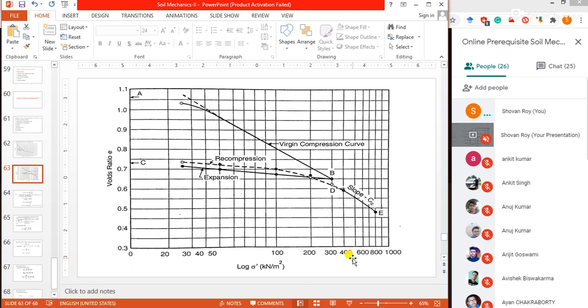Semi-logarithmic plot with sigma dash as the abscissa, the x axis, on logarithmic scale, and void ratio as the ordinate on arithmetic scale. The virgin compression curve becomes a straight line. As you can see, this virgin compression curve is completely straight in log scale, this semi-log scale.